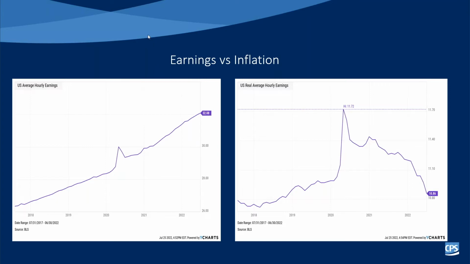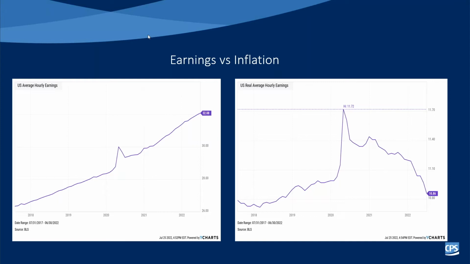And wages. How are wage increases affecting your average spender? On the left, we've got your average hourly earnings. That's a very good looking chart. It's nice when people have more hourly earnings. Everyone's happy about making more money. But you do have to adjust it for high inflation numbers. So it doesn't look as pretty with the chart on the right.